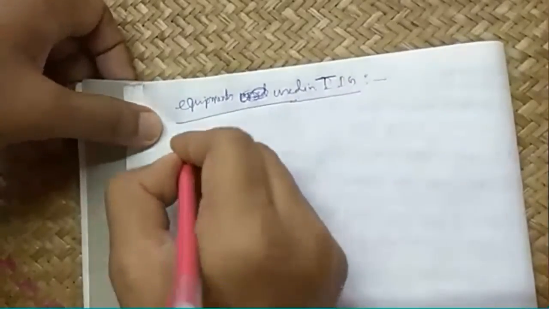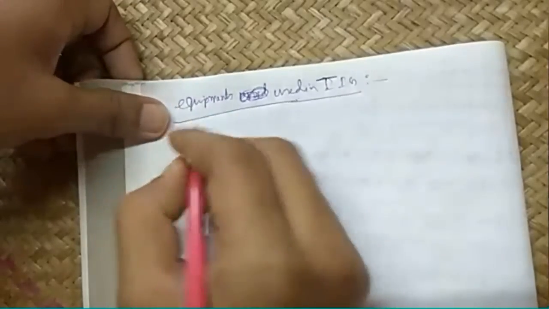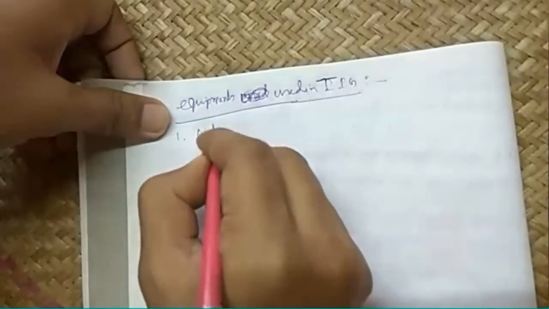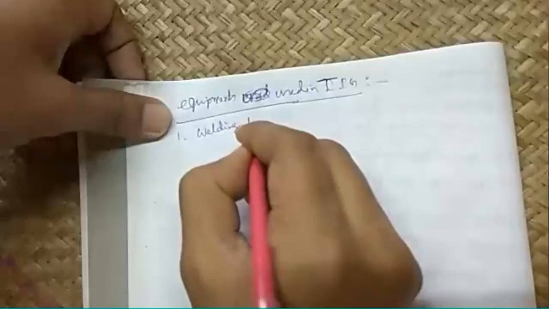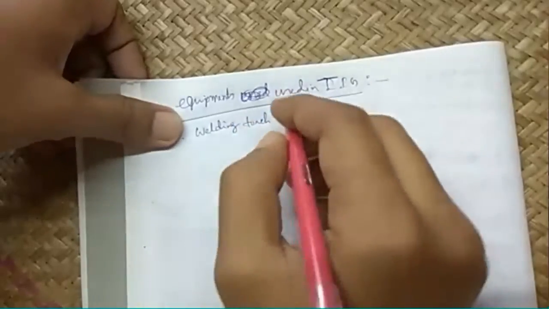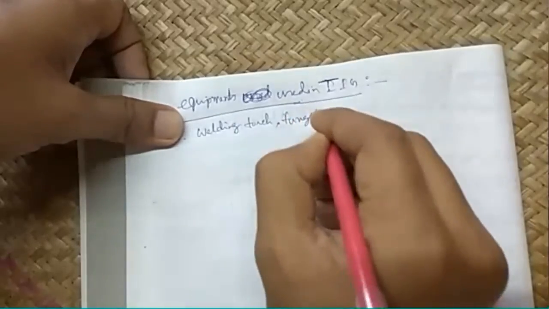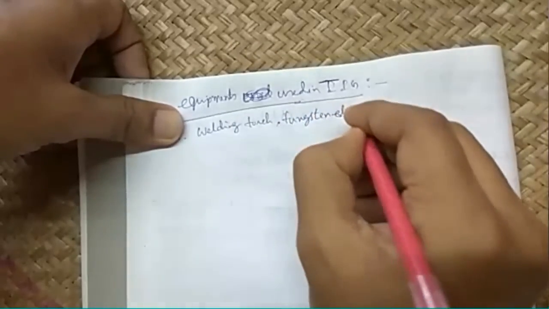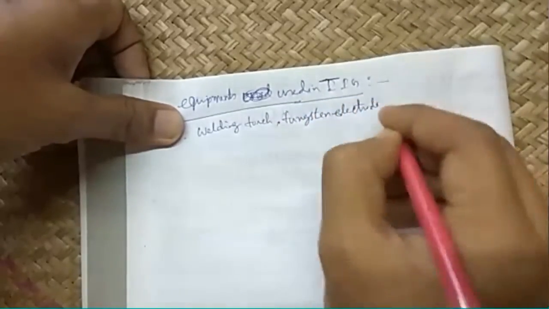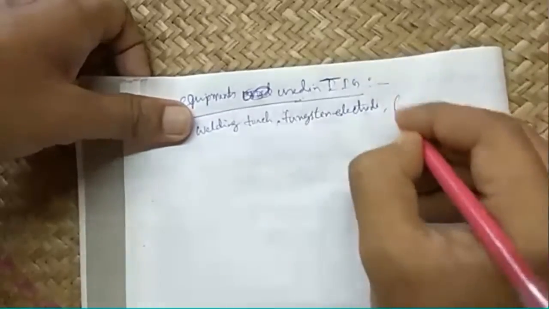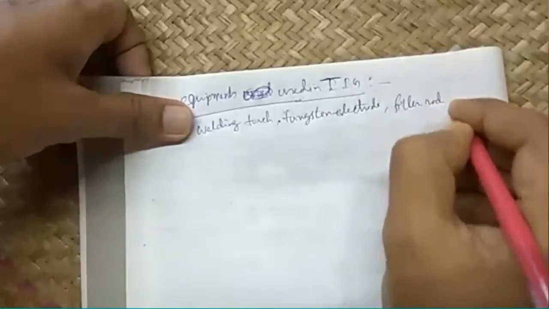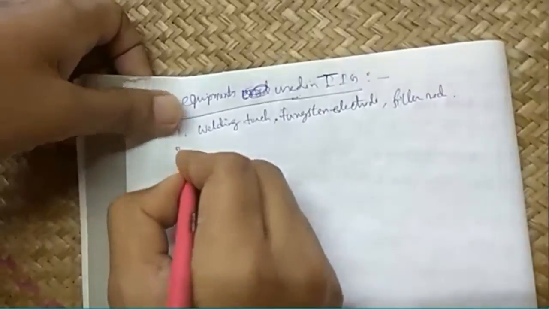So first of all, we need the welding torch, tungsten electrode, and you may need filler materials or filler rods also.